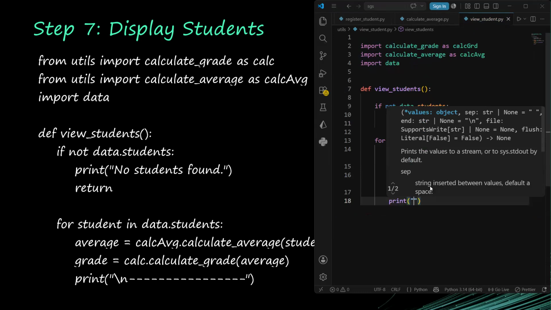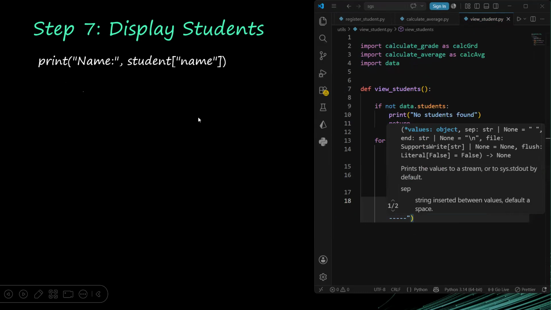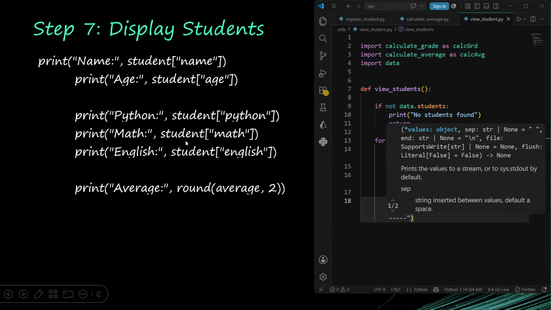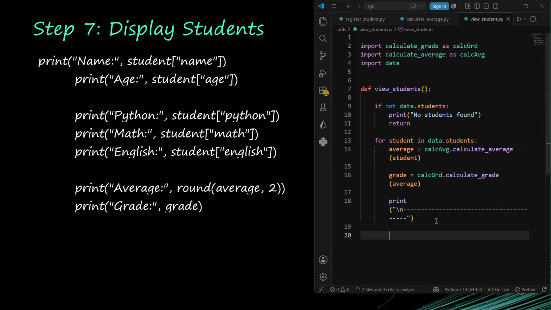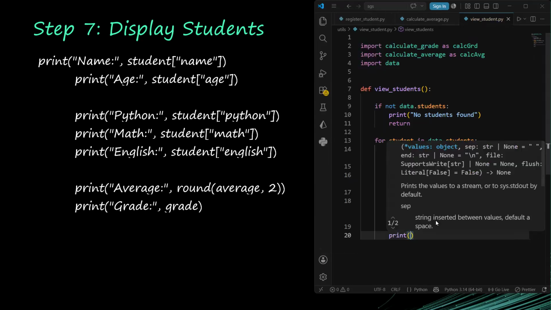So we want a new line character here, and then we want to maybe add this. Yes. Okay, so now we are going to print the student's name. Immediately after this, we print the student's name.